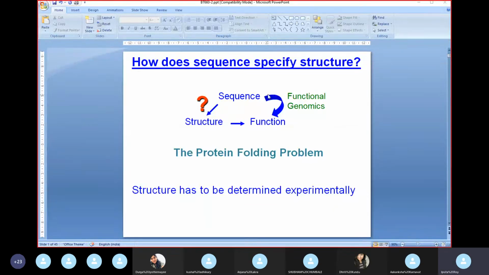So this is one part of it, where you have a sequence which gives rise to the structure. Knowing the sequence and using prediction tools, because it is DNA which gives rise to RNA, which gives rise to protein. Depending on how well you are able to match it with something that already exists in your database, even without determining the structure, you are also able to predict, with some level of confidence, what the function of the translated protein is likely to be.